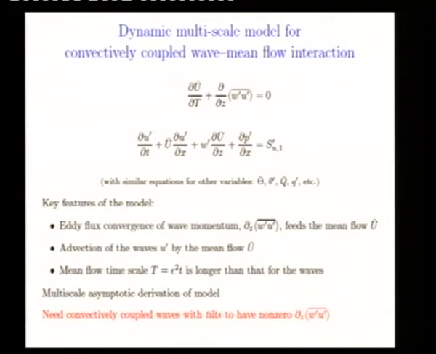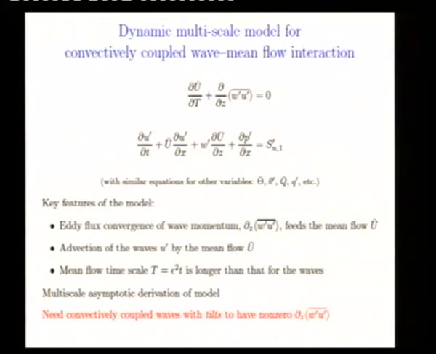The wave feels the mean wind through these vector advection terms. And this big T up here is a longer time scale. We have a multiscale asymptotic derivation of this model, but I'm not going to go through any of the details of that.